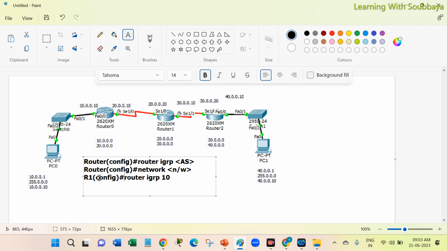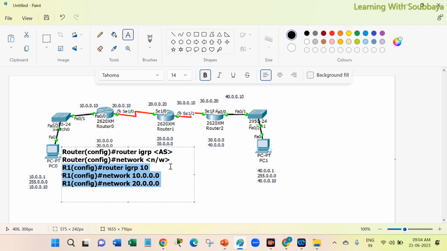Next, network, the directly connected network address 10.0.0.0. Similarly, network 20.0.0.0 we have to configure. This is the R1 router.